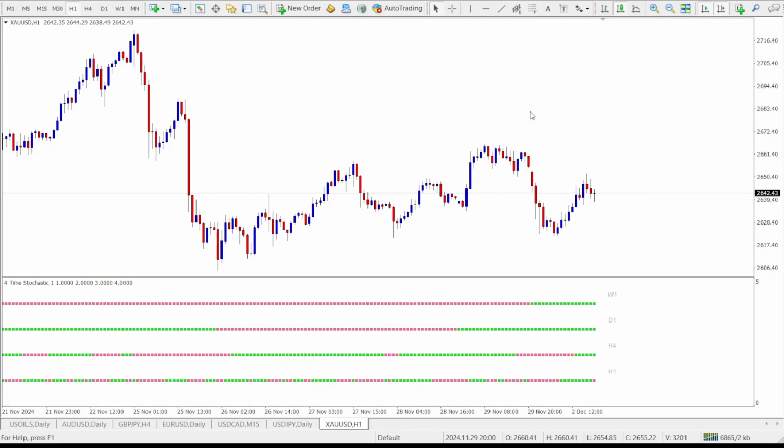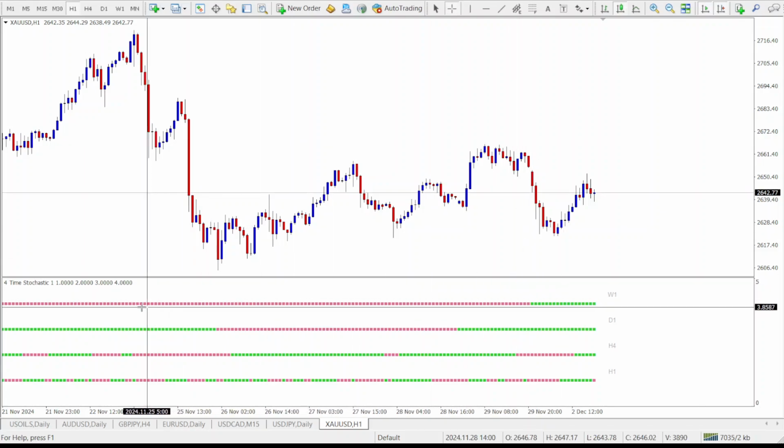Instead, it attempts to show traders possible situations when there is an overbought market or an oversold market. How do you identify that? Basically, it is because this indicator leverages the concept of stochastic.